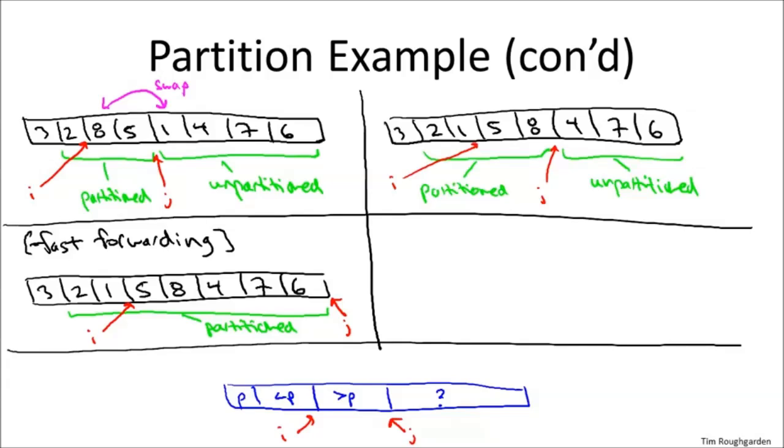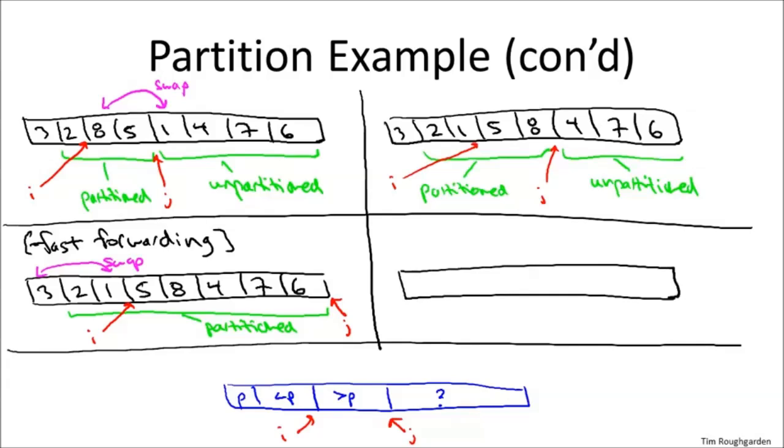So the subroutine will terminate with the following array: 1, 2, 3, 5, 8, 4, 7, 6. And indeed, as desired, everything to the left of the pivot is less than the pivot, and everything to the right of the pivot is bigger than the pivot. The 1 and 2 happen to be in sorted order, but that was just an accident. And the 4, 5, 6, 7, and 8, you'll notice, are jumbled up. They're not in sorted order.